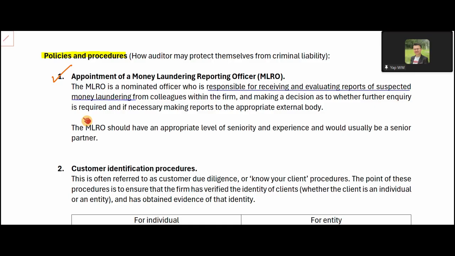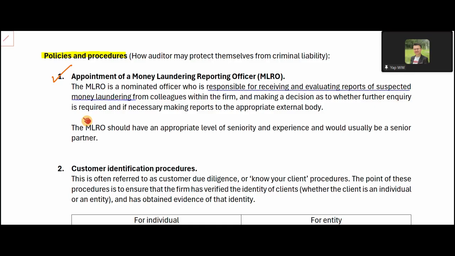So the audit firm will have to appoint a senior partner to be the MLRO. I mean, small audit firms, we don't have it, right? Maybe in small audit firms there is no need to have an MLRO because it's small. But a big audit firm has so many engagements, so probably it would be better for them to have one MLRO just to receive reports of suspected money laundering.